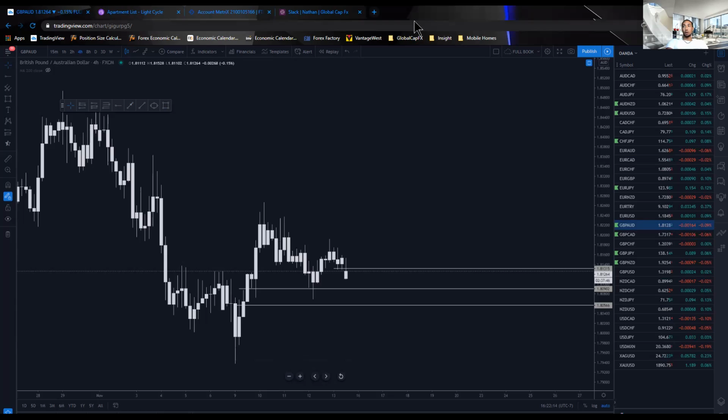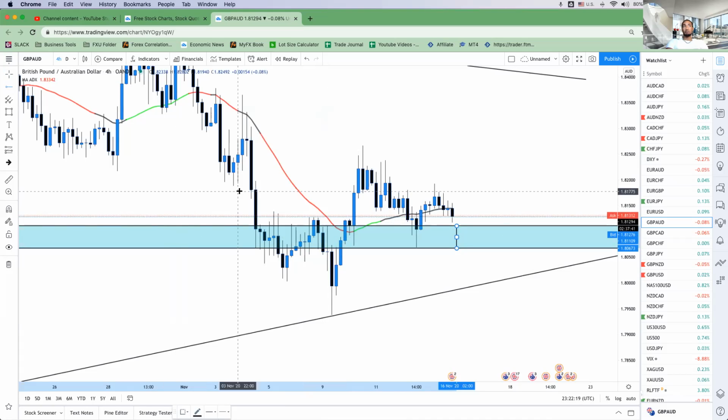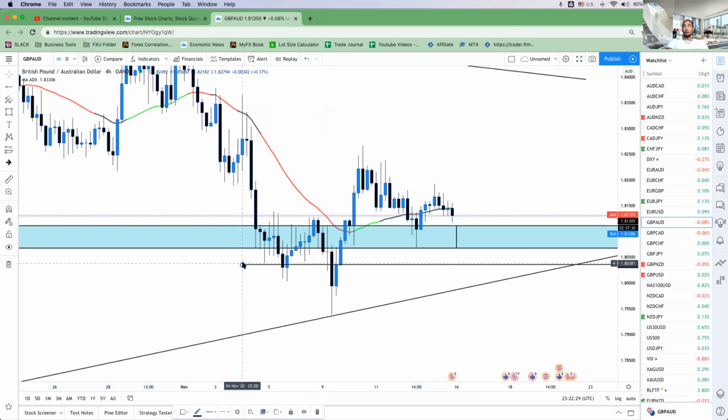That's where I'm trying to differentiate where I should actually put it. Should I put it below this? Should I put it below the next previous wick? My stop losses are inconsistent with the strategy that we use.